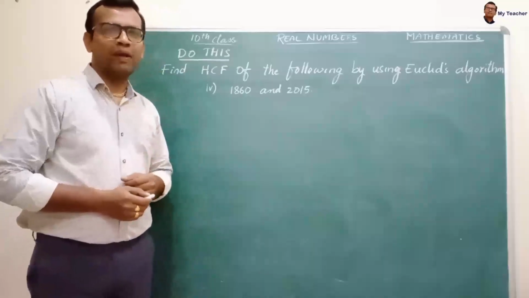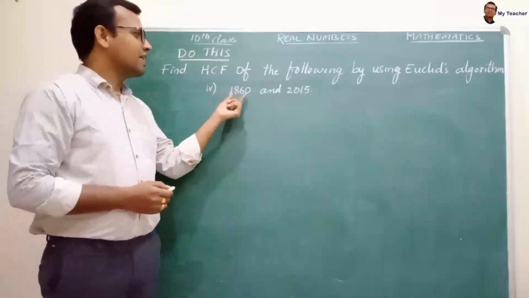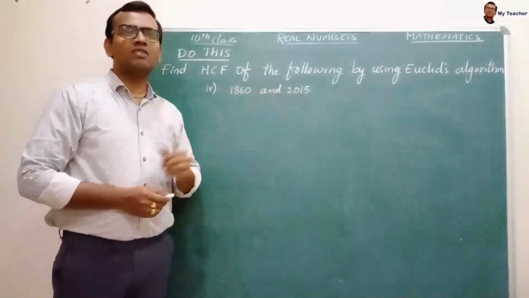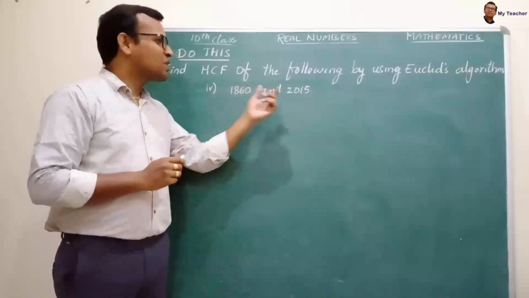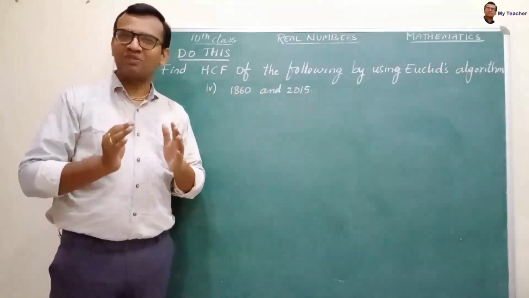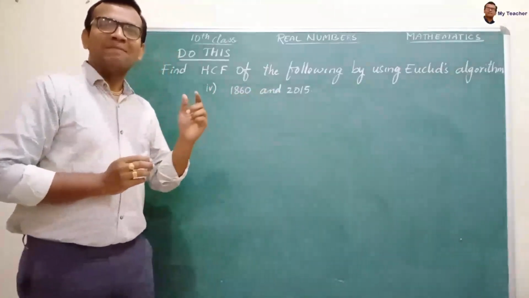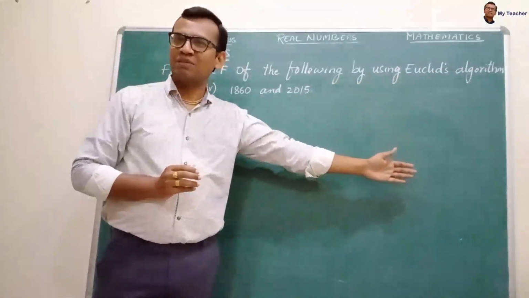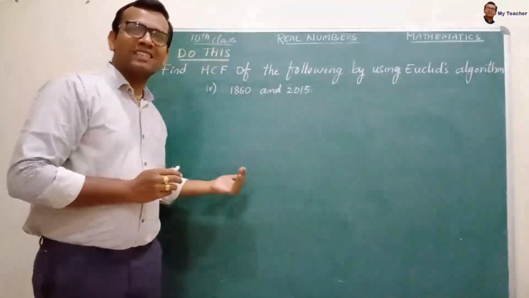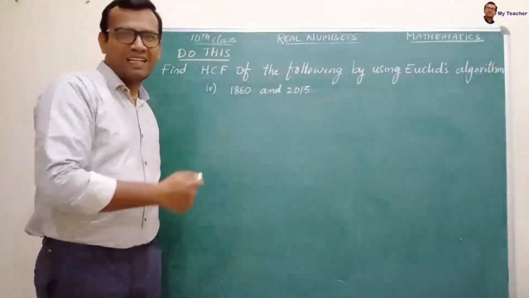The fourth pair of integers is like this, 1860 and 2015. Students need not worry by seeing such big numbers. There is a short way. What is that? We can find the HCF in our regular division method, and then you can write the lemma or the algorithm later.